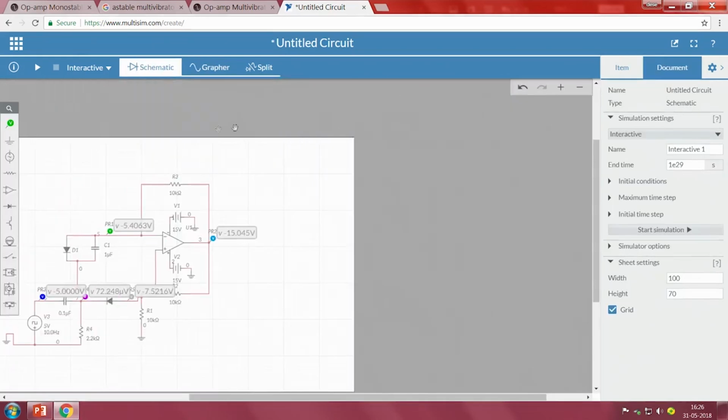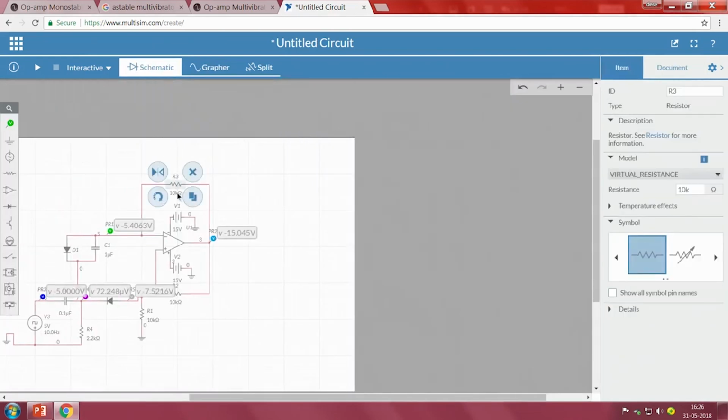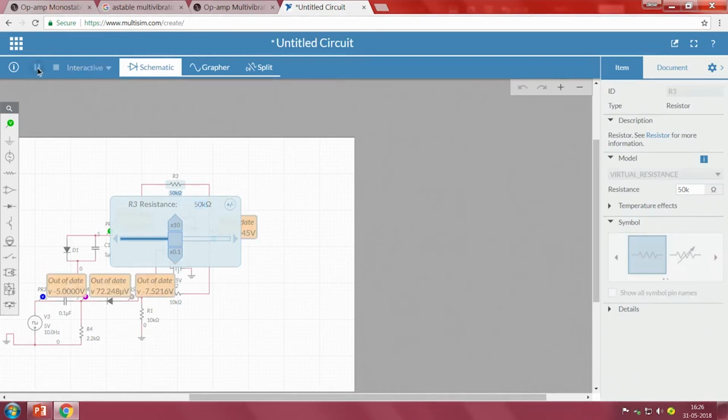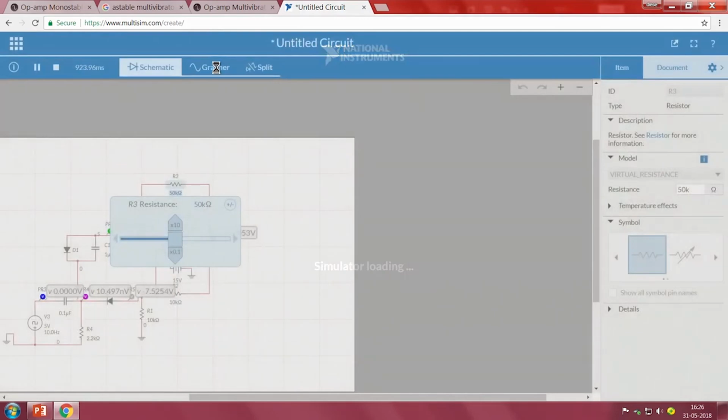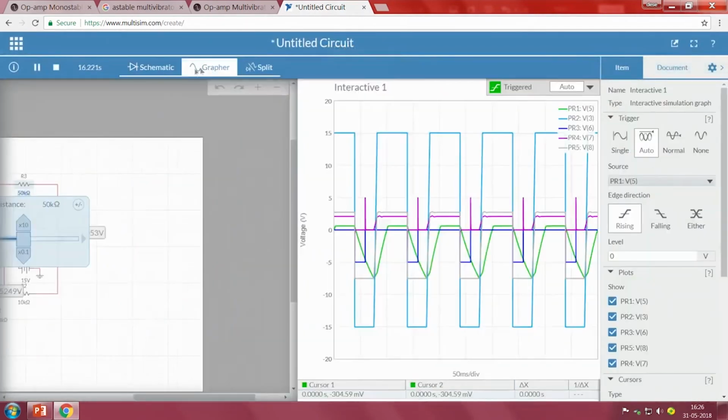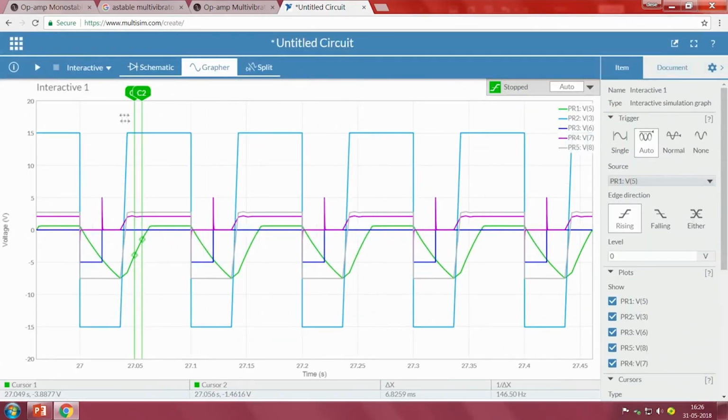So what I will do is replace this 10K with a 50K resistance, and we run it. Now when we look at the graph, observe what happened. The cycle may be the same, but the width of this changed; the duty cycle of your pulse is changed.